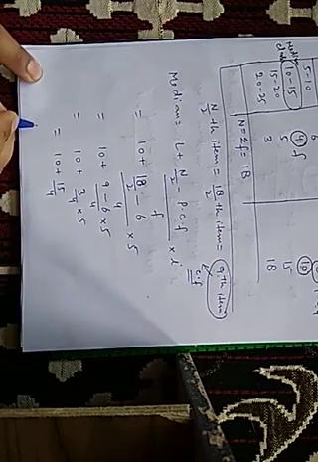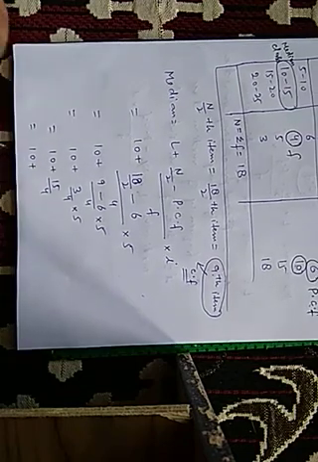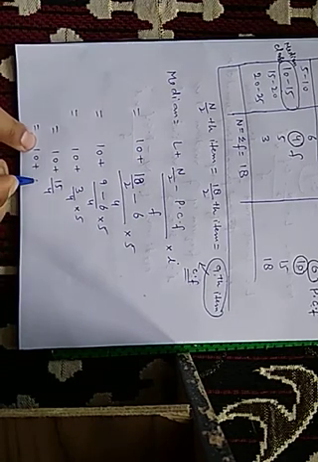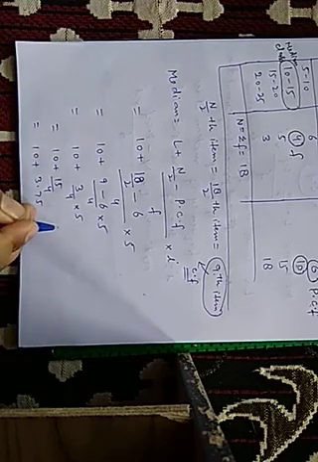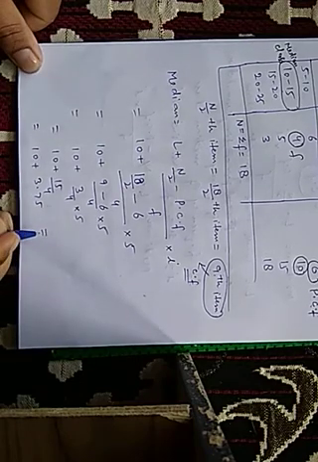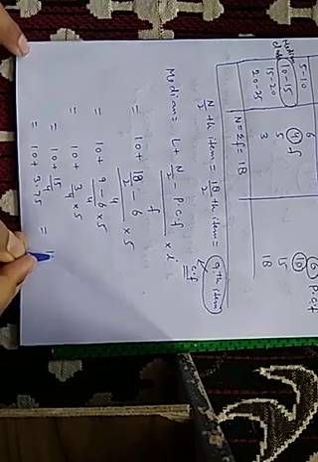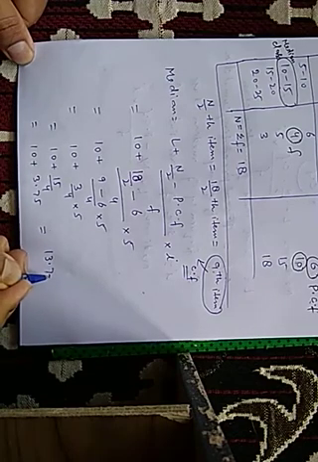Therefore, median will be equal to 10 plus 3.75, which will be equal to 13.75.